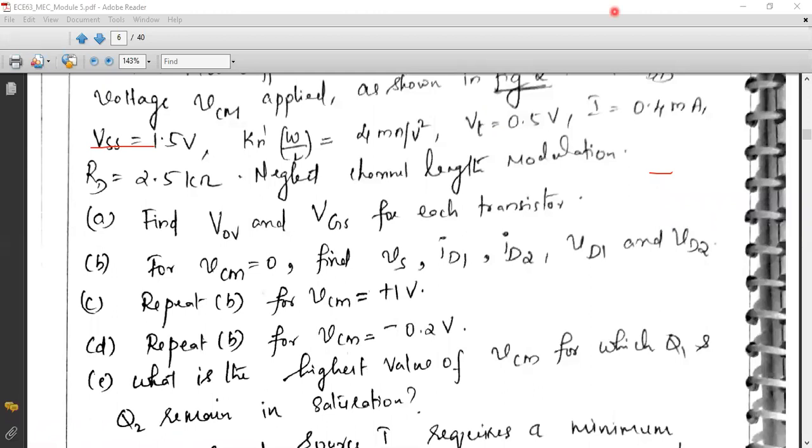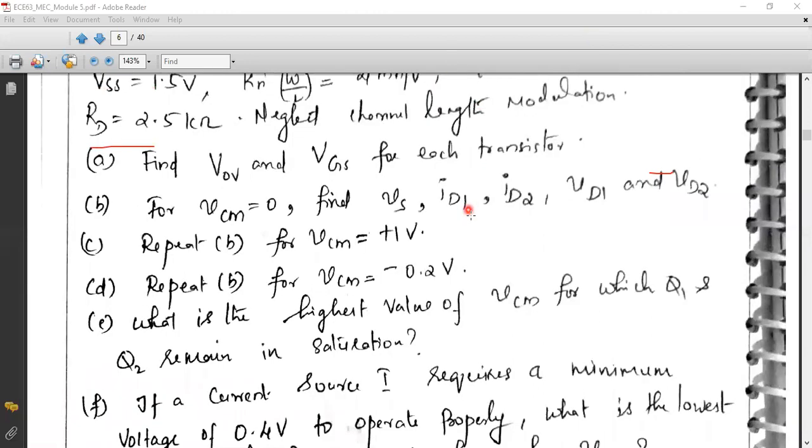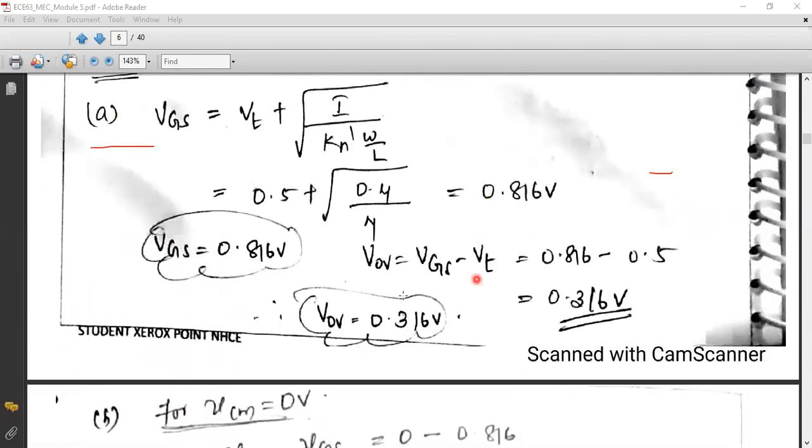Yes, it is VGS minus VT. Good, Lokesh. VOV is equal to VGS minus VT. Substitute and see whether you are getting 0.316 volt for VOV.